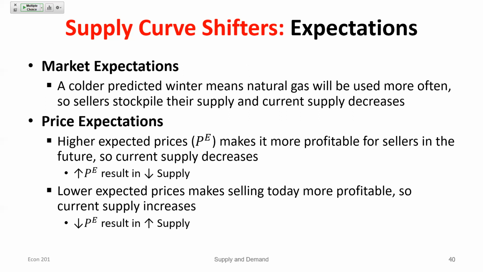And now let's think about if expected prices are higher. So if future prices are expected to be higher than today, as a producer or a seller, what do you think I might want to do?